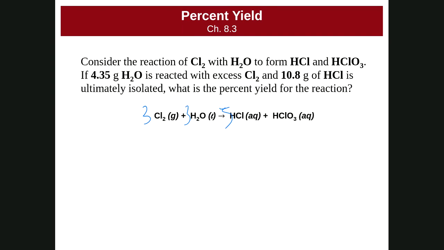So we start with 4.35 grams of water. And we have excess chlorine gas, so water is our limiting reactant. Let's find out how many moles of water we have by dividing by the molar mass.